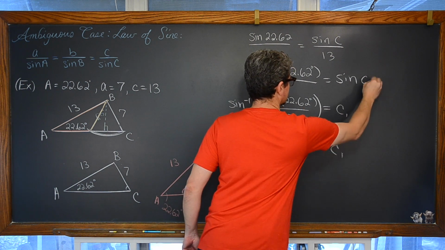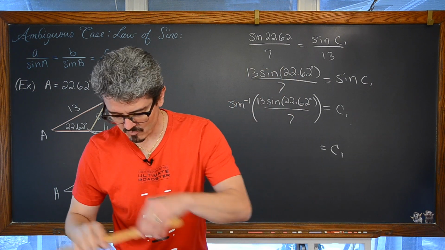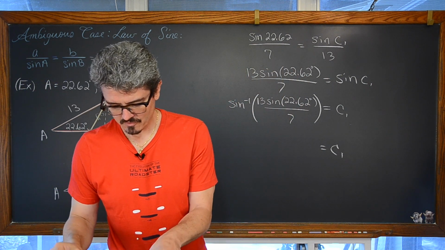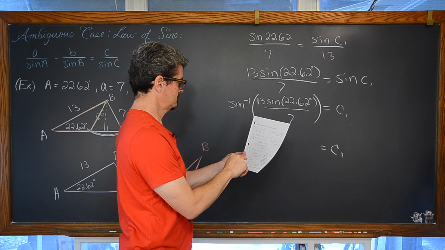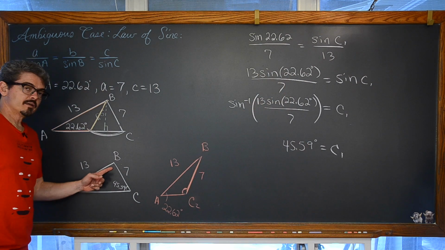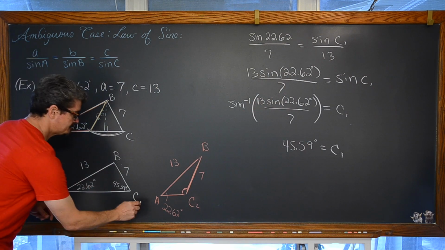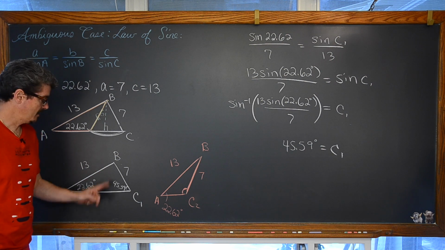C sub 1 is equal to, drum roll please, 45.59 degrees.